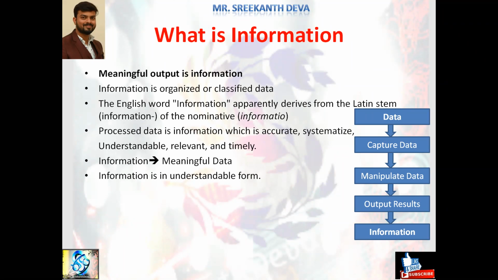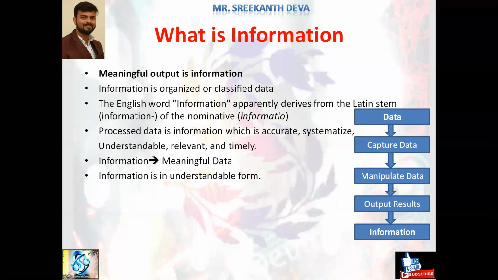Processed data is information which is accurate, systematized, understandable, relevant, and timely. Simply, information is meaningful data or processed data. Taking some raw facts as data, giving instructions to the computer and processing it, we get something called information, which is in understandable form.